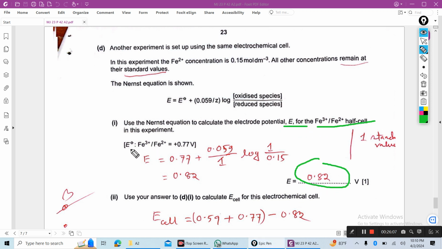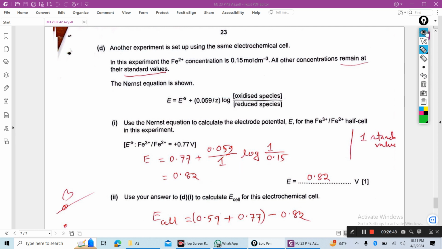So the standard electrode potential of the half cell is given as plus 0.77, and now the E naught value is given, and 0.059, and this 1, log this 1 over 0.15. So if you calculate, you get 0.82 volt for this equation.